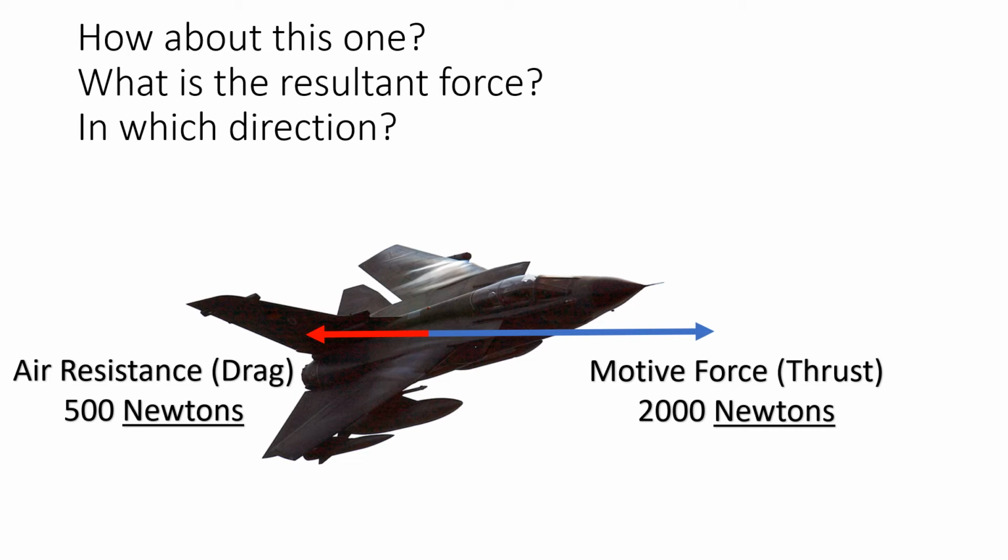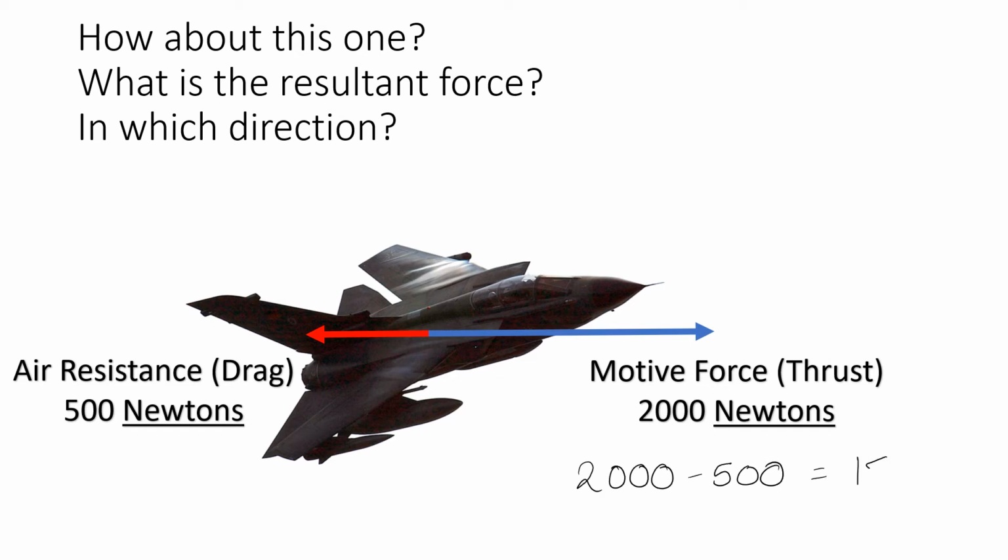The forward force, the thrust, is 2,000 newtons, and we've got an air resistance, drag, of 500 newtons. So there's quite a big difference there. We have 2,000 newtons minus 500 newtons.